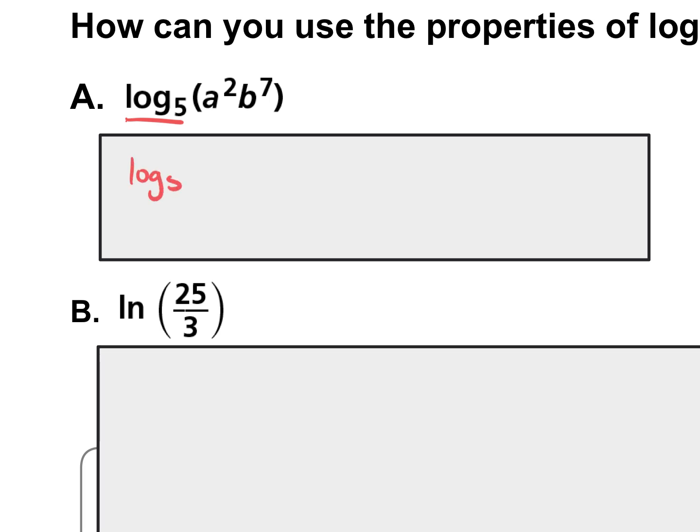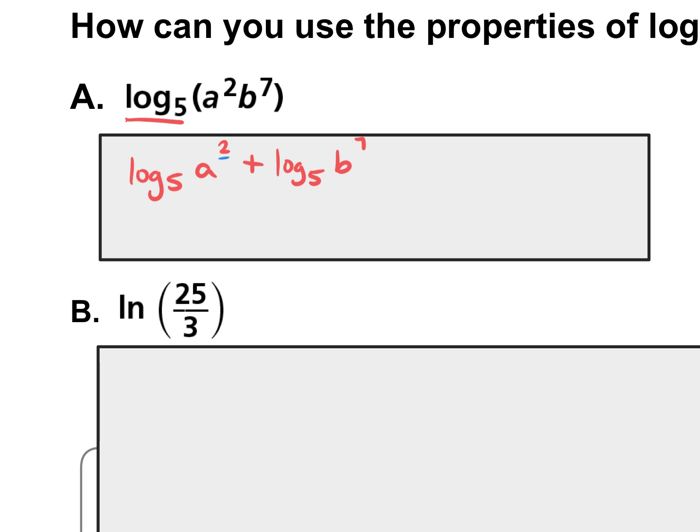Log base 5, what's my first term? A to the second. We can leave it like that for now. Okay? Plus, remember we keep that log, so log base 5. What's my second term? B to the 7th. We talked about how we can simplify this a little bit. What do I need to do before I'm done? What needs to be moved?